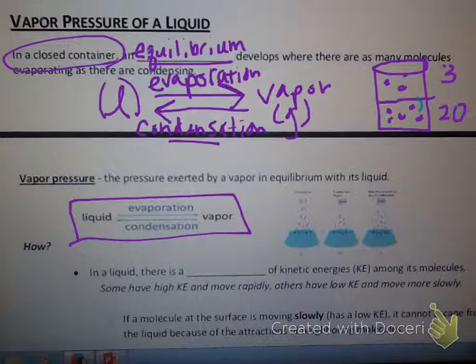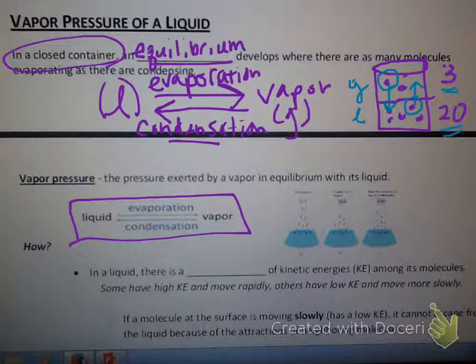So let's say that this molecule right here, one of my 20 in the liquid phase, vaporizes, becoming part of the gas phase, and by equal exchange, if one molecule is evaporated, one of the molecules from the gaseous phase is condensed. So going from gas to liquid, vapor to liquid. Overall, if this is occurring in equilibrium, is there a net change in the number of gas particles and the number of liquid particles?